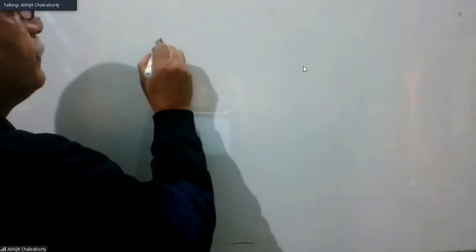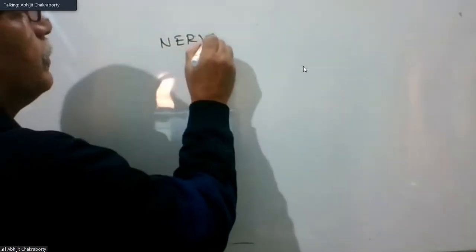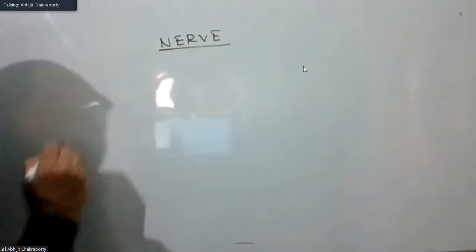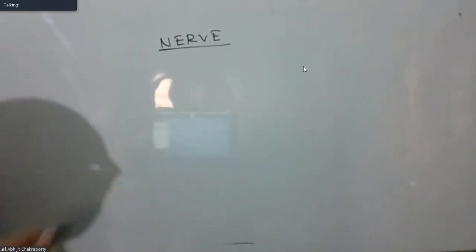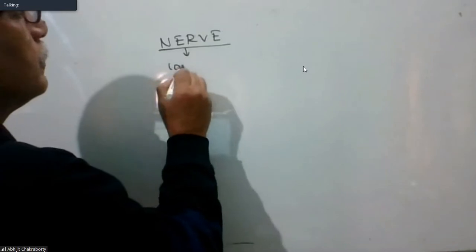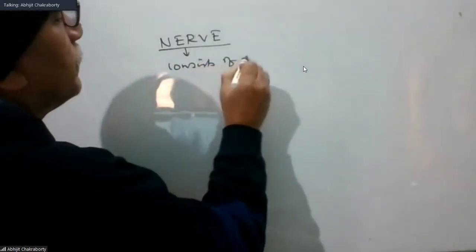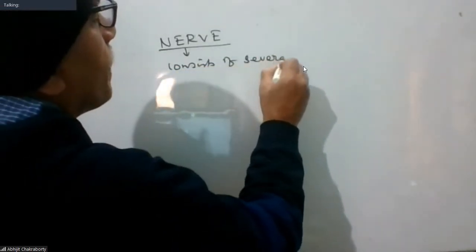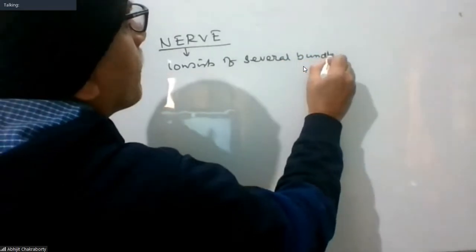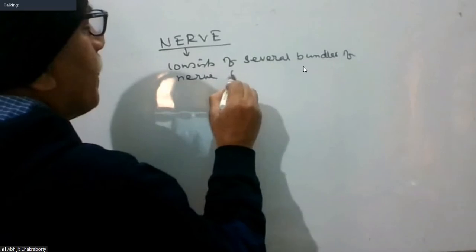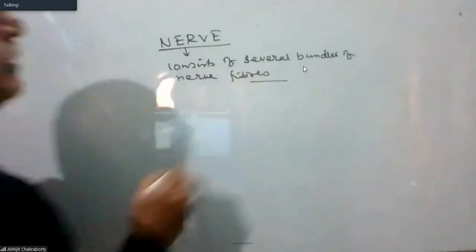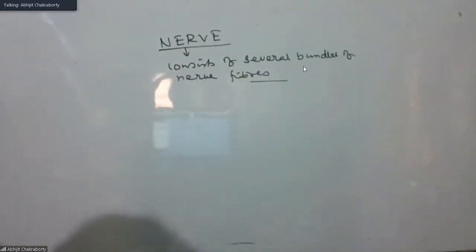Now, a very simple idea I'm giving you: nerve. Whenever the term nerve is used, it consists of several bundles of nerve fibers.